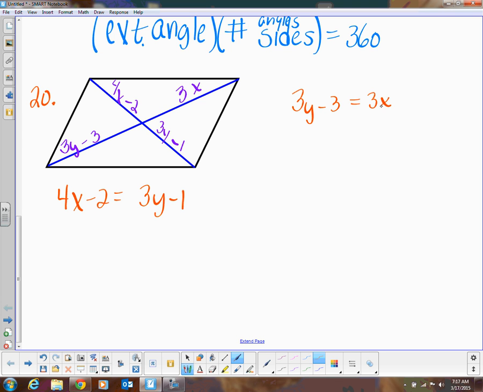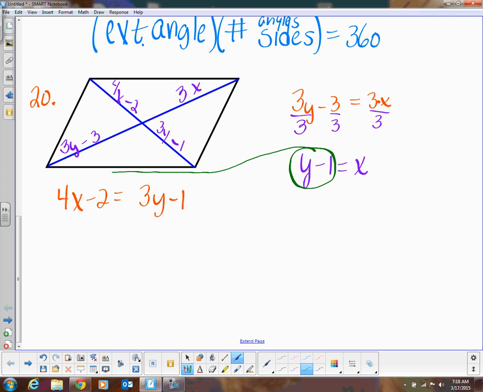How do you solve for x? How do we disconnect 3 and x? Divide by 3. So I have to divide everybody by 3. So you're going to have y minus 1 is equal to x. So Leslie, what are we going to do with this y minus 1?